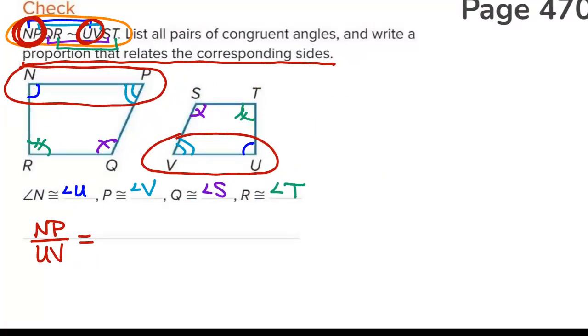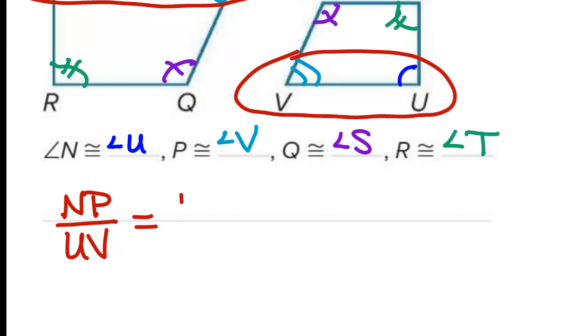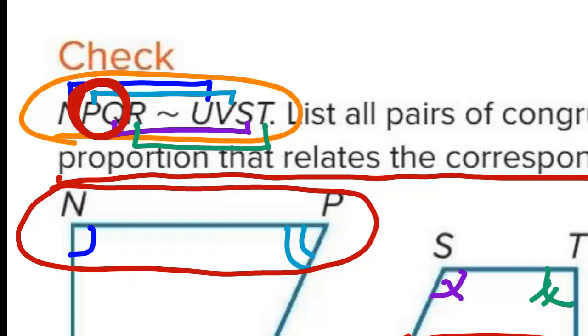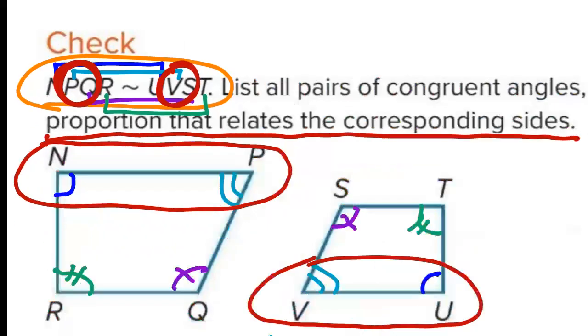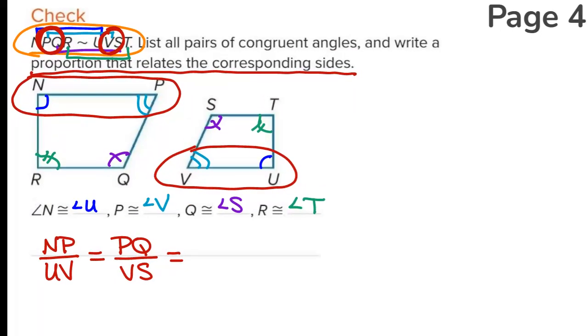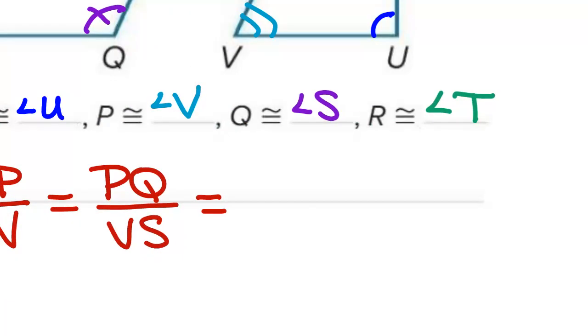All right, let's pick out another side from the big one. Use PQ, sounds good. When I look at my similarity statement, PQ is the middle two letters. And so that would correspond to what on the other one? VS. So PQ over VS is equal to, give me another side, QR.